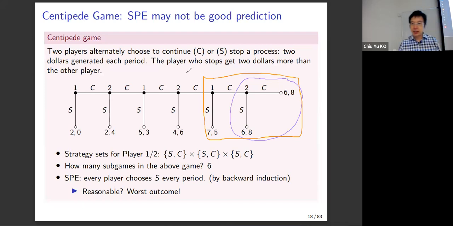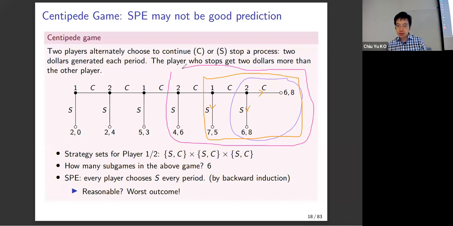You will usually solve it this way. Now go back one step: what will you do as player 2? Player 2 is choosing between 6 or 5, because 6 is better than 5. Is that clear?